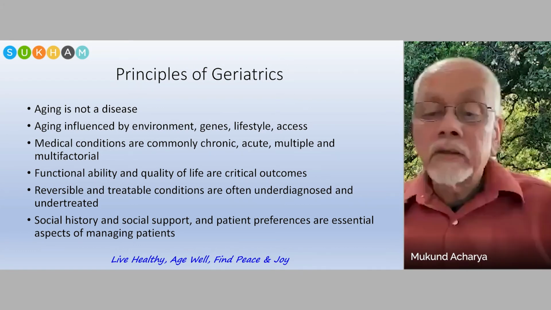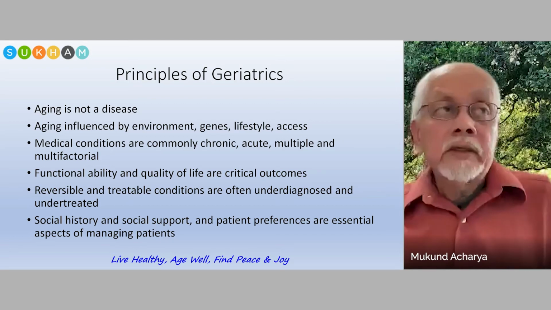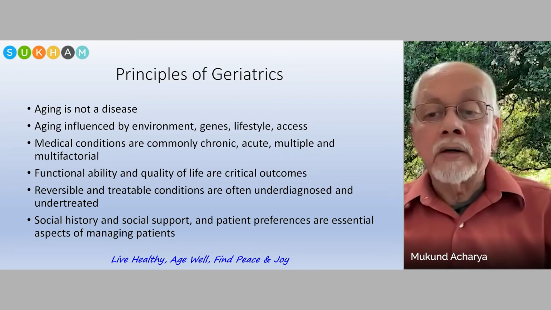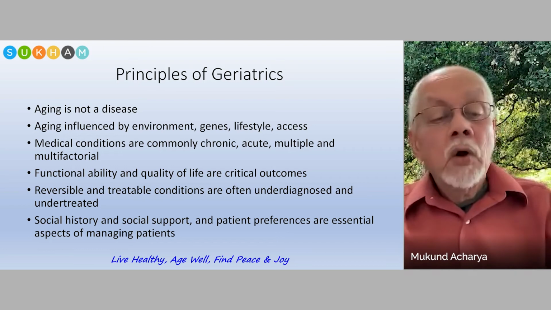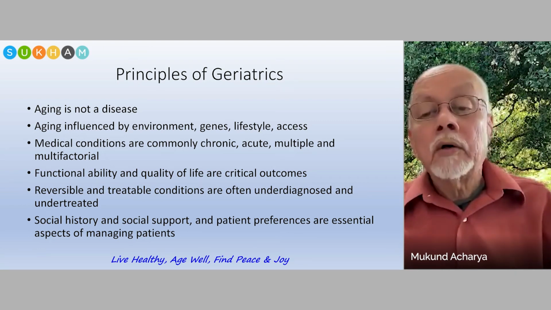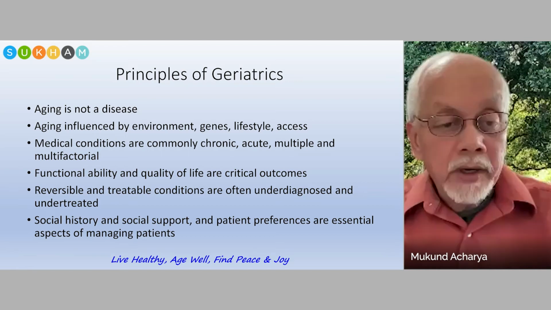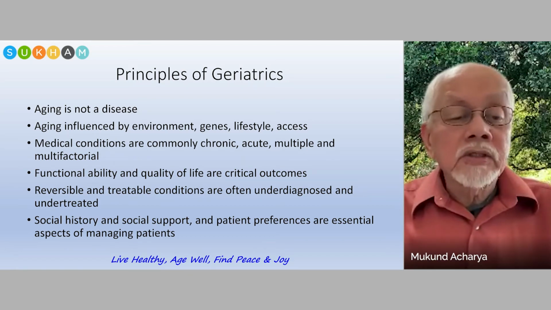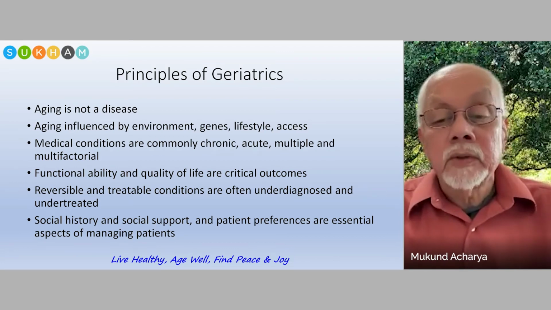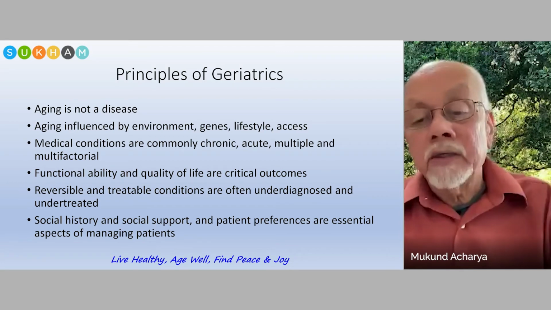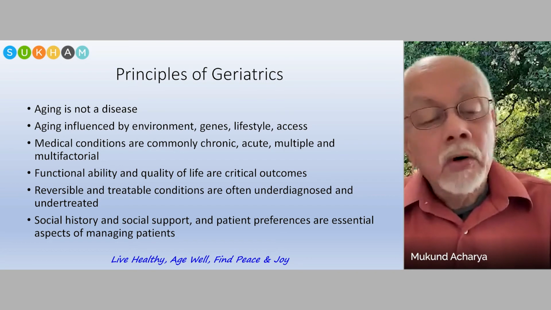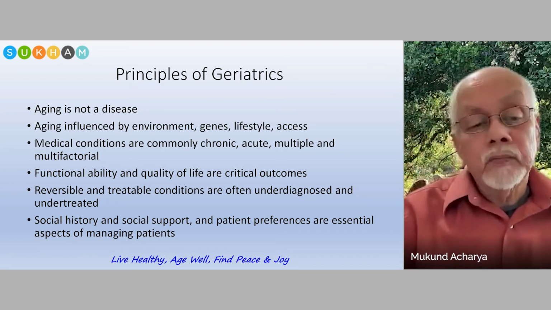This is the other sad part: many people either don't have access to medical care or ignore what's going on until it gets too late, to a point where conditions that are completely reversible and treatable are often underdiagnosed or undiagnosed or not treated to the extent that they could be.